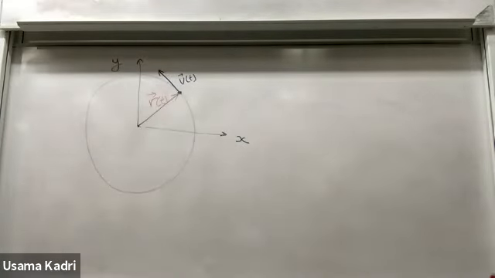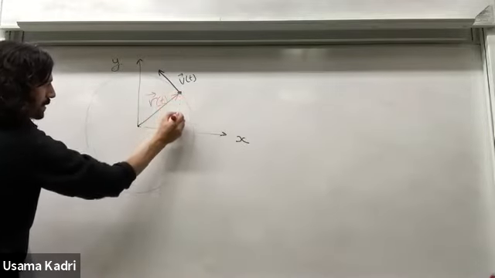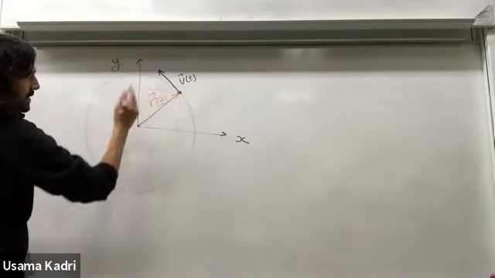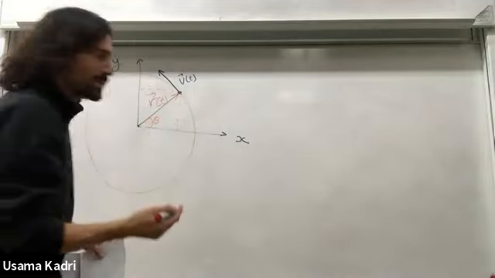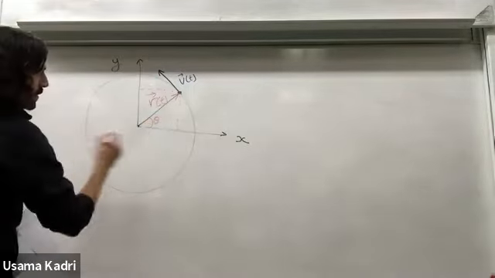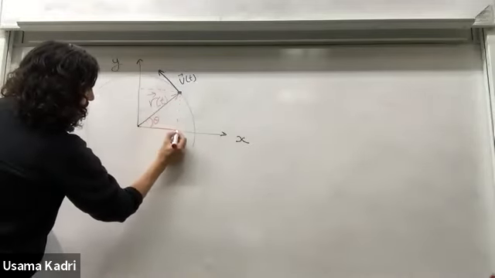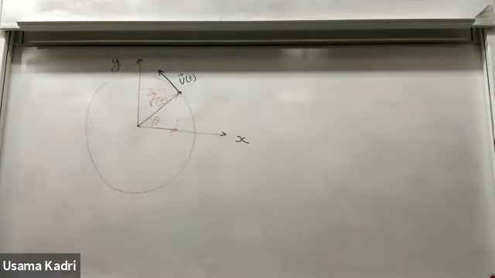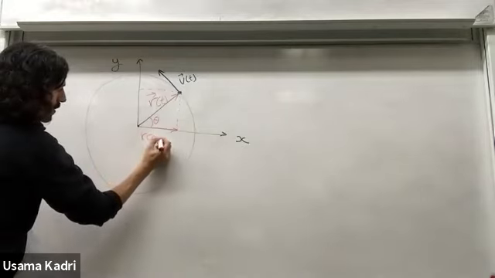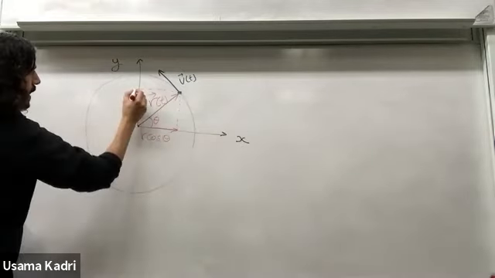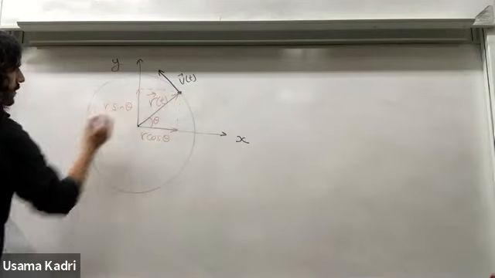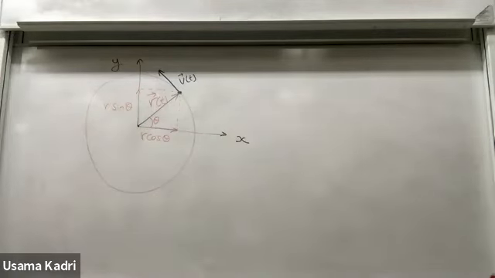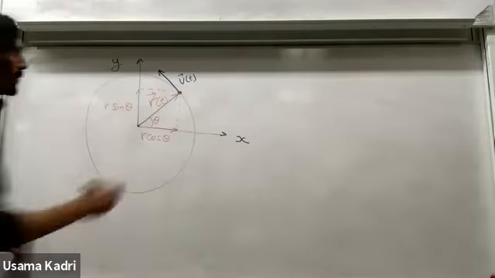The first thing we do is we decompose this vector. Now let's assume that at this specific time we have theta here. So theta has to be a function of time. In the x direction, we will have r cosine theta, and in the y direction, we will have r sine theta. What is the magnitude of the position?